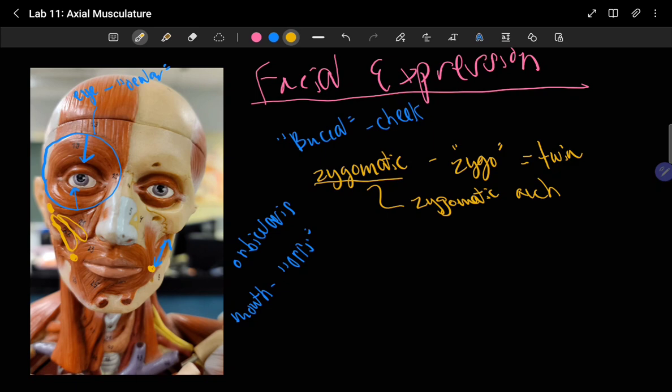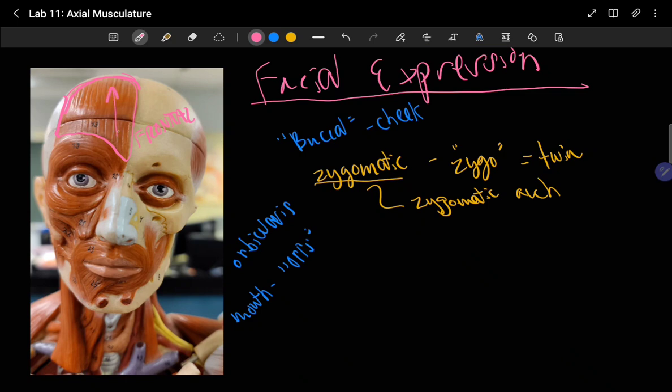Okay, so we have a couple more muscles associated with the cranium. Let me get some of this text out of the way. Those are going to be our frontalis and occipitalis. We've heard these terms for cranial bones before. Frontal bone is going to be most anterior. So our frontalis muscle is this muscle here, running kind of superior-inferiorly.